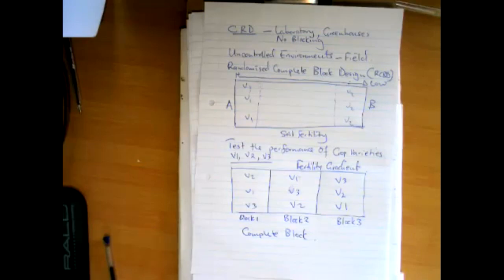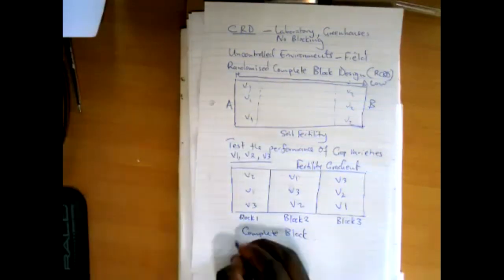There are so many things that can be blocked. Here, I've just given an example of fertility gradient. If we go to animals, and we've got 12 animals which we want to use in a feeding trial, what it simply means is that if the animals are not of the same age, then we need to make sure that we block the effect of the age.